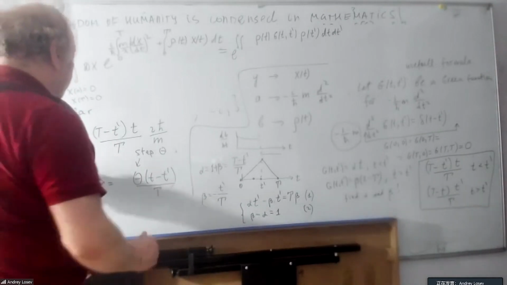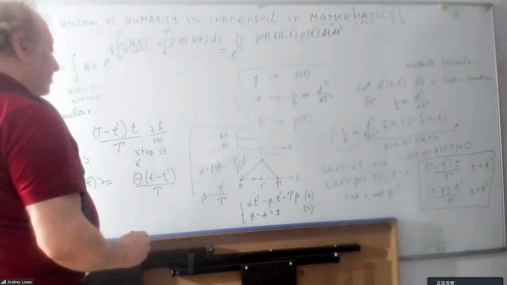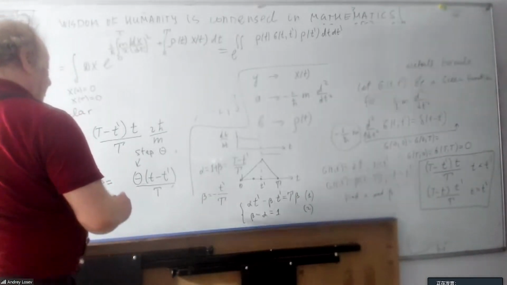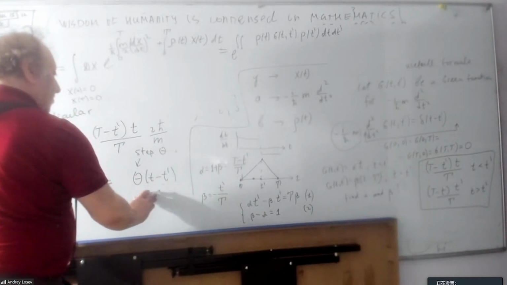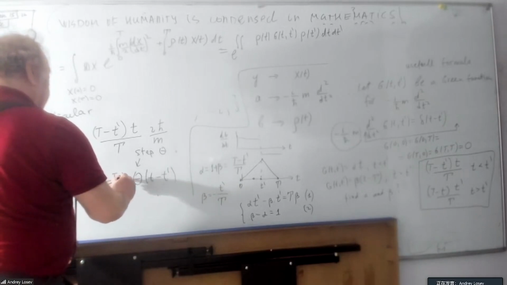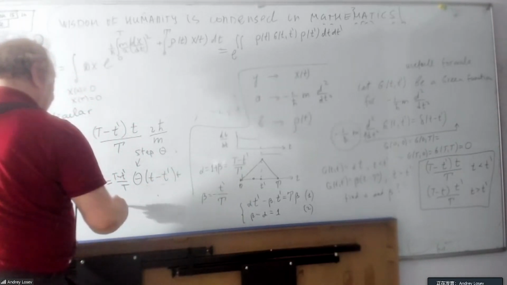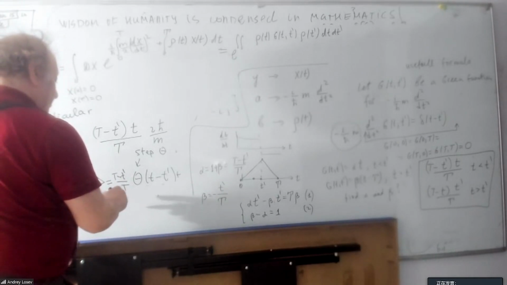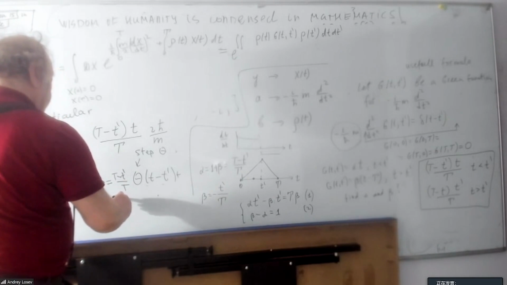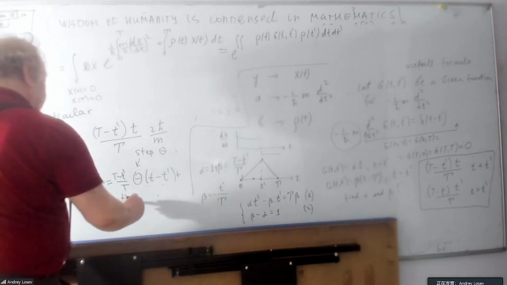Okay, so there is some formula. I can even try to write it down. t minus t prime divided by t, plus another formula, also divided by t.